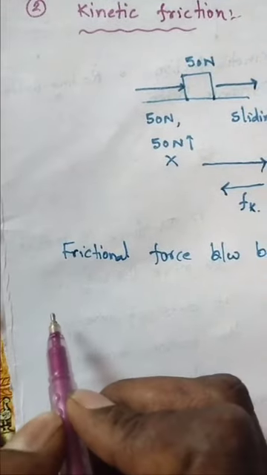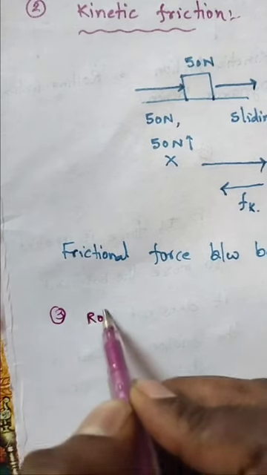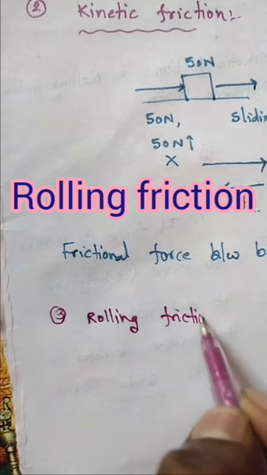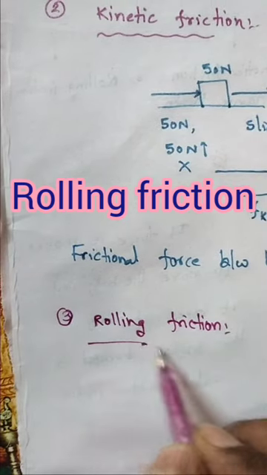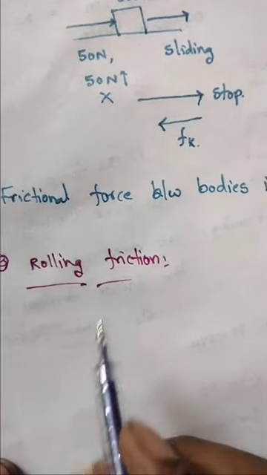Here I am explaining the third one. What is the third one? Rolling friction. We know that very well. Suppose on a road a vehicle is moving.